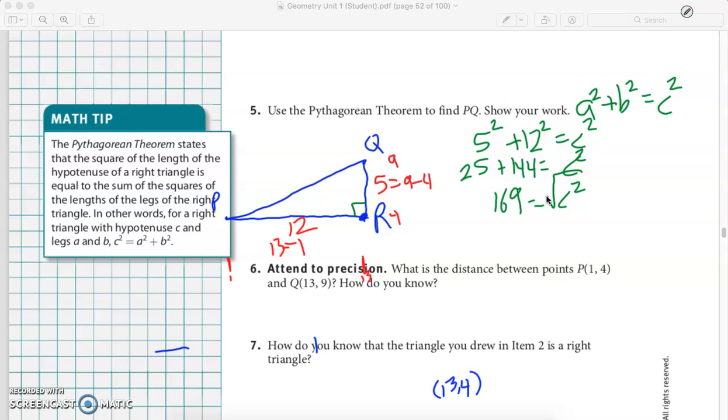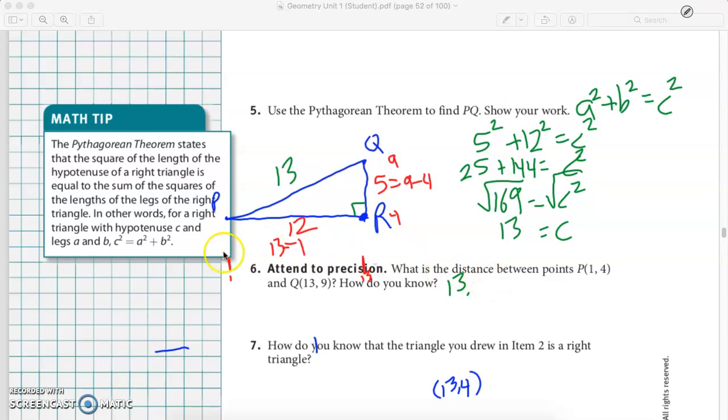To cancel a squared, you do a square root. And if I do it to one side, I have to do it to the other. The square root of 169 is 13. So I know now that the distance from P to Q is 13. That's the distance that it takes to get from P to Q. All right. So when question 6 asks us what's the distance between points P and Q, we can say 13. How do we know? The reason we know is because we found the length of PQ, right?